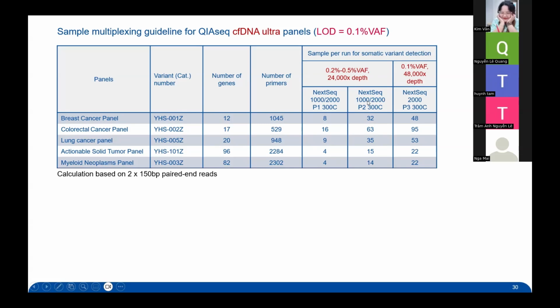The 1000 is fine, the 2000 is the best, but with the 2000 you have to go with the P3 flow cell. If you ask whether MGI high-throughput sequencers, for example the MGI 2000 or MGI 50, can run it, I believe they can, but the number of samples per run may be down to a single digit, around 6 to 8 or something like that.